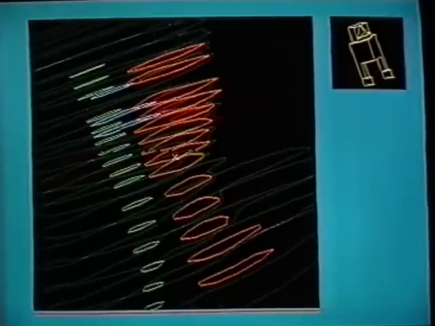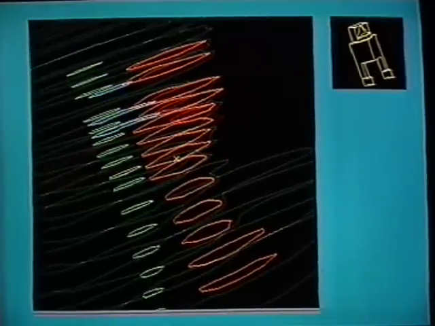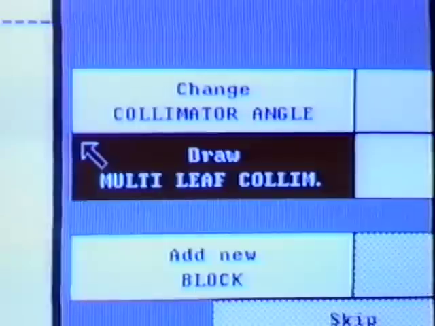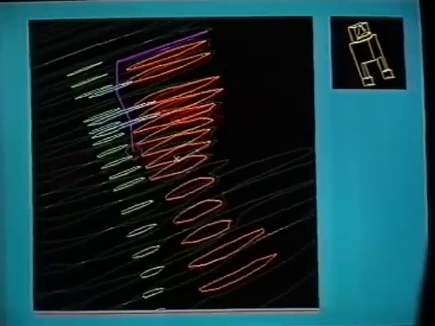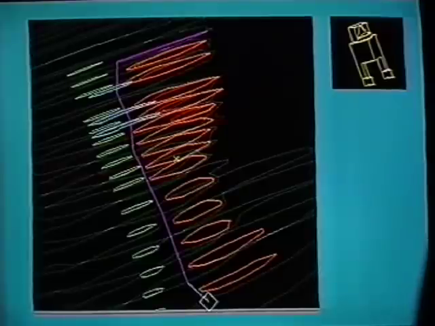Due to the position of organs at risk close to the target, a multi-leaf collimated beam makes it possible to avoid mistreatment. The drawing of the collimator shape uses the same simple rubber band tool as for the drawing of target volumes.